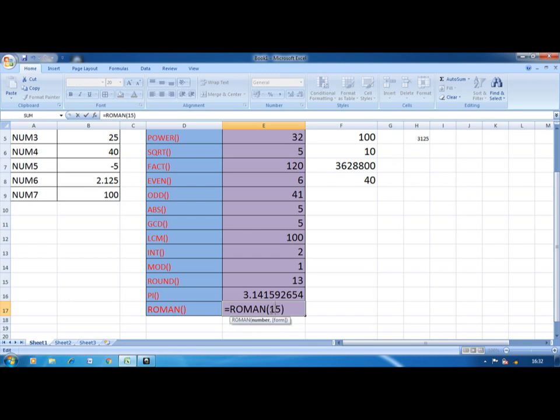So what is the answer? 10 is X and 5 is V. See here. Now I will make it as 50. What is 50? It is L. Now instead of 50, I will make it as 100. So 100 is how much? It is C.